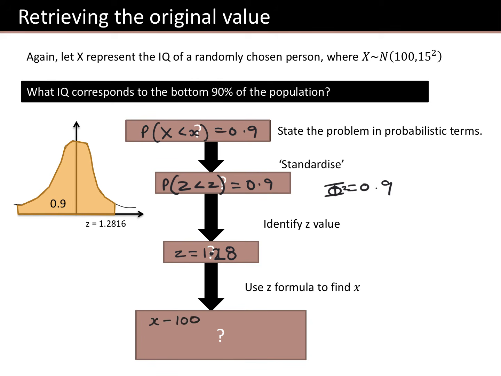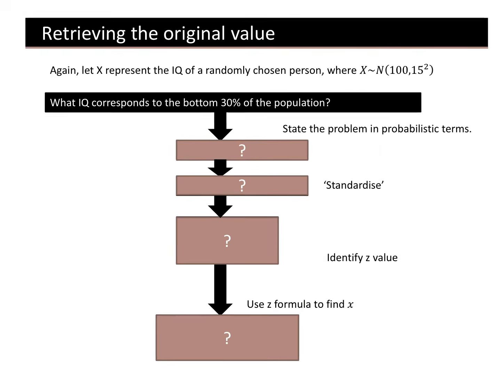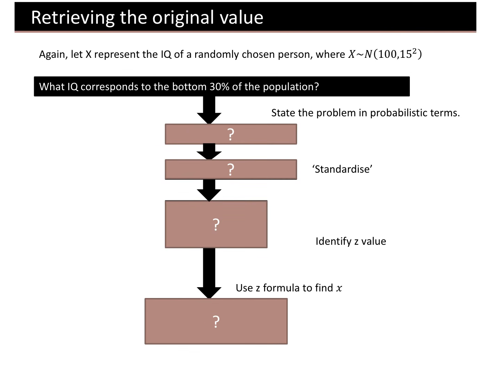X minus the mean divided by the standard deviation equals 1.28. So I'm going to multiply by 15, add 100, I should get x equals 119.25. Incredible.